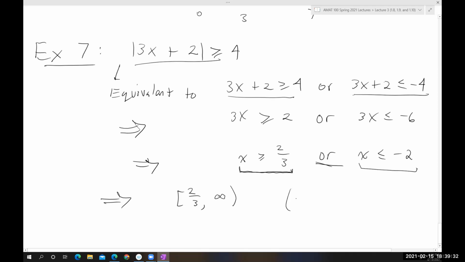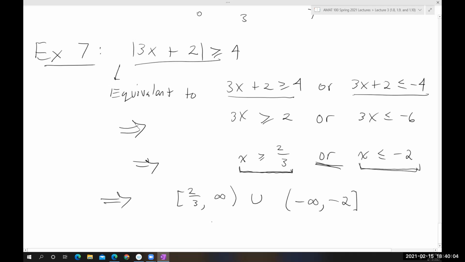Then we look at this other inequality and find the corresponding set. This is all the numbers less than or equal to negative 2. So you can be anywhere from negative infinity, not including it, because infinity and negative infinity are not numbers, all the way up to negative 2. And as I said, or corresponds to a union, so it's going to be the union of these two sets.